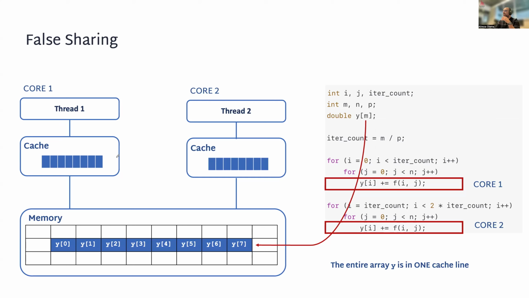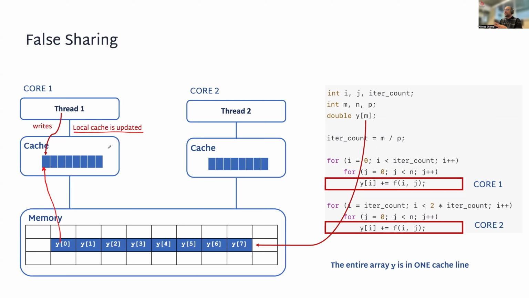But the problem starts when thread 1, for example, wants to write into Y0, because this is Y0, right? When it wants to write to Y0, it means it changes the value of this array in the cache, right? So the local cache is updated.